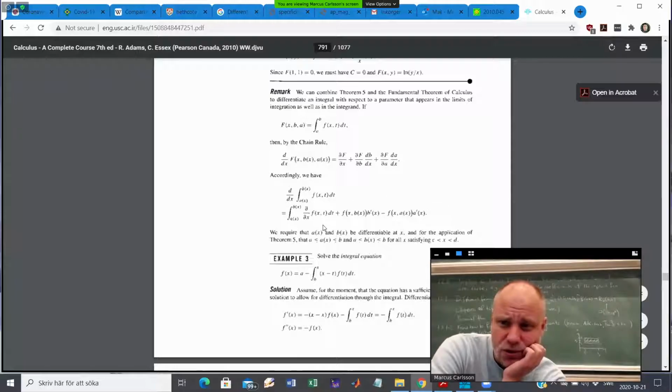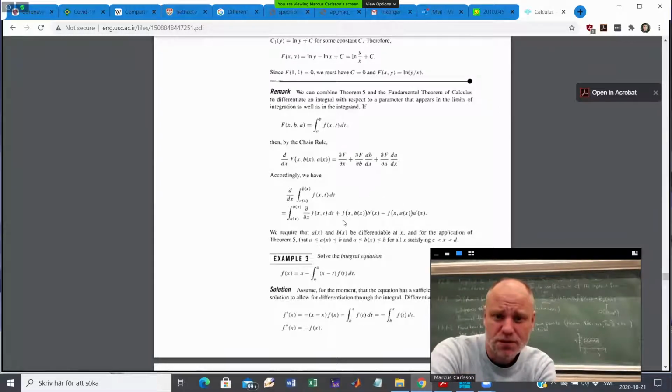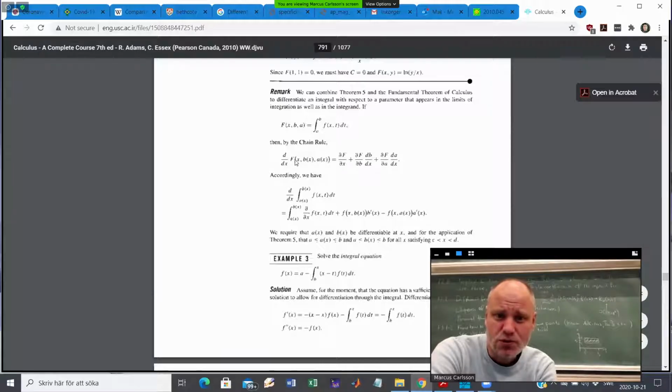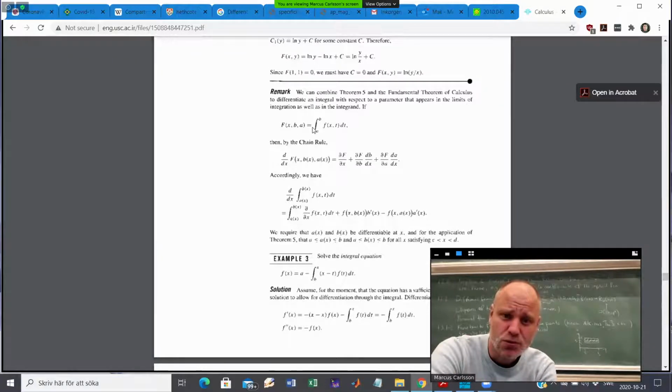In the lecture notes, we explain this a bit more in depth, how you get this expression. You introduce a function, like they do here, f of x, b, and a. You do chain rule on that, and you get this expression. So this is a formula you certainly want to remember for the exam.